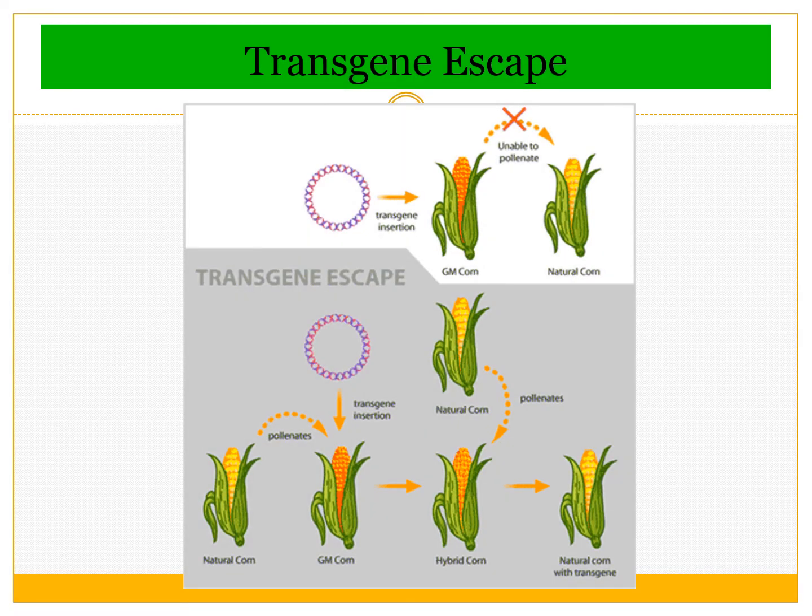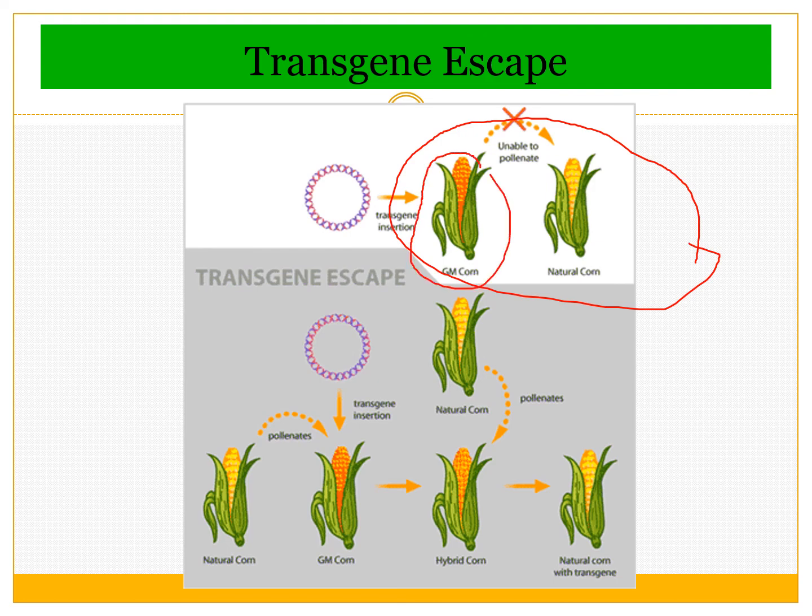So one of the factors which you need to consider in terms of biosafety and biosecurity is transgene escape. So you have your GM corn, and then you have local landraces of corn or local varieties of corn, as has been reported in papers from South America. The genetically modified corn DNA has been found in local landraces of corn, and this has in turn led to repercussions for local farmers.